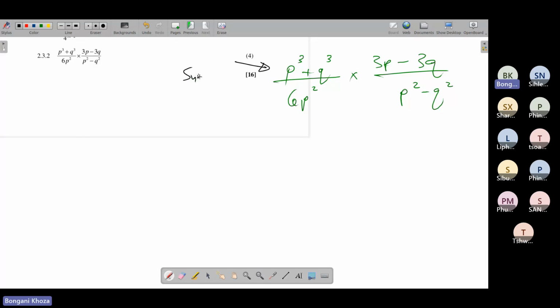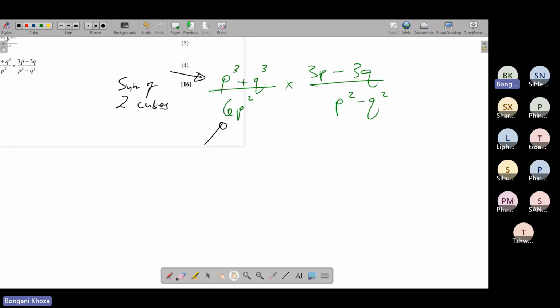All right, sum of 2 cubes. That's a cube, that's a cube. So we're having plus, so it's the sum of 2 cubes. Here, there's nothing I can do. You can leave it like this. And then if we move on this side, here I can take out common factor. Here, it's difference of 2 squares.